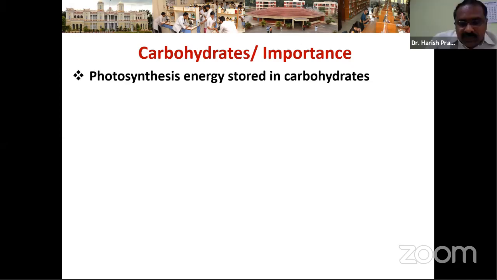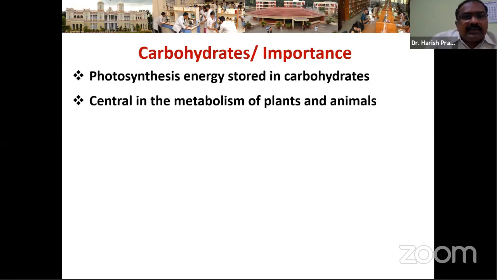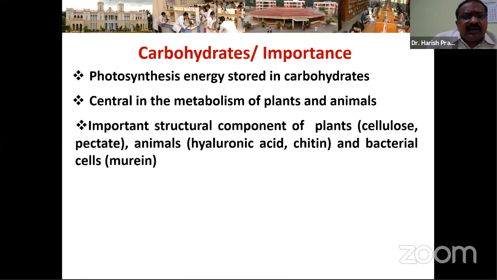That's how the carbohydrate journey starts. All the metabolism of plants and animals cannot proceed without carbohydrate, so it has gained a central importance. Not only functionally or physiologically, it is also a structural component of plants, animals, and even bacteria, that is microorganisms. So everywhere, carbohydrate is present.